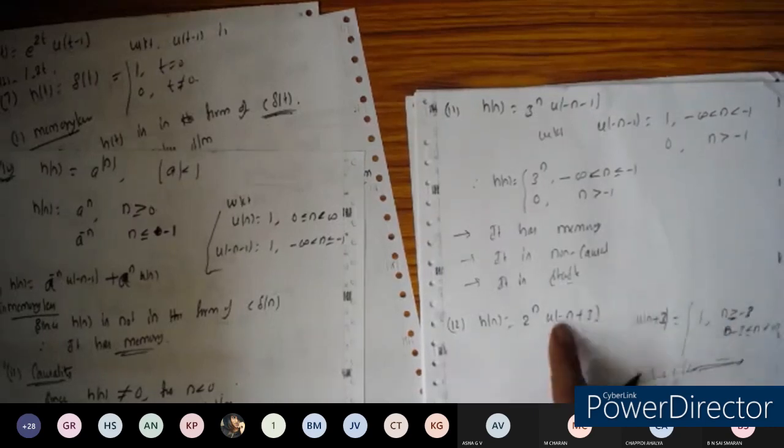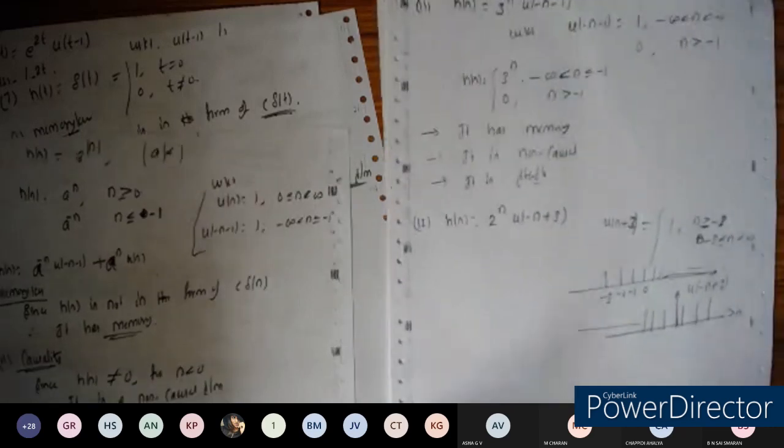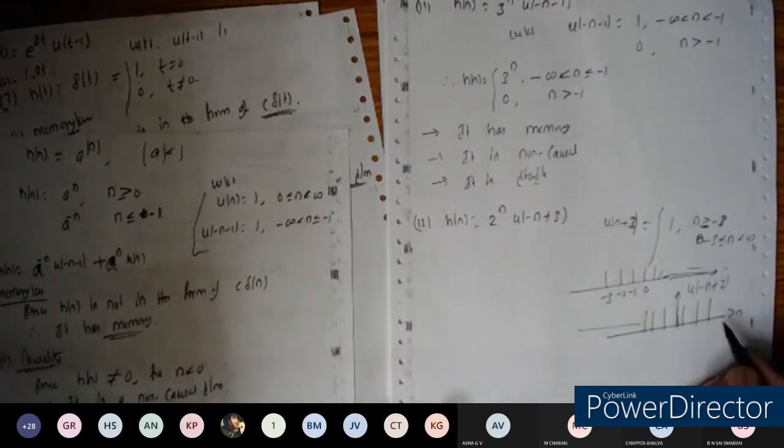When you take the reflection, this will go to the other side. So it will be defined from 3, 2, 1, 0, minus 1, minus 2, minus 3, like this. This is u of minus n plus 3.